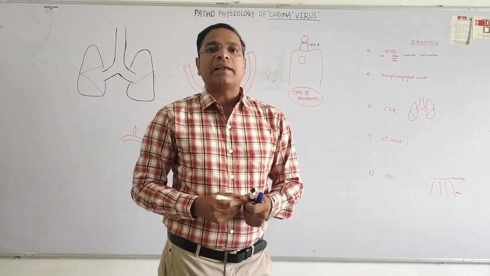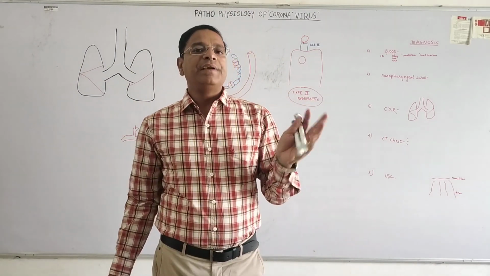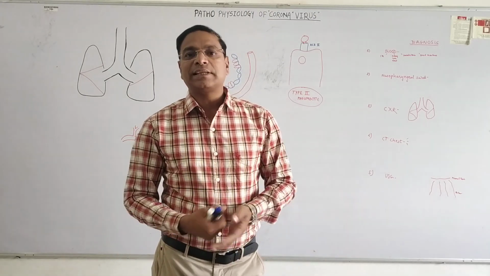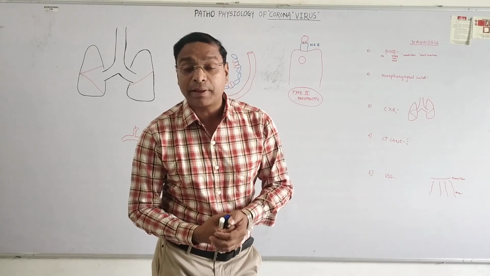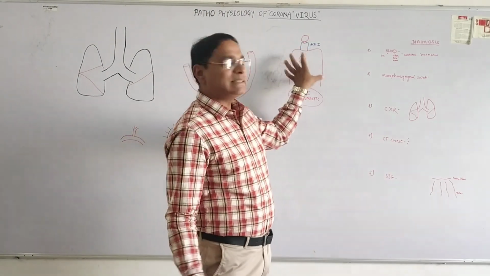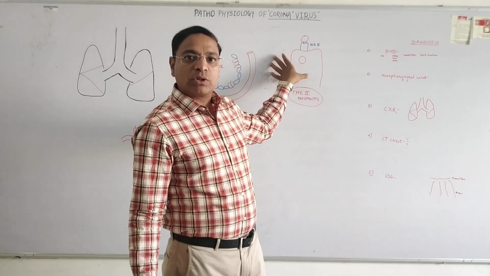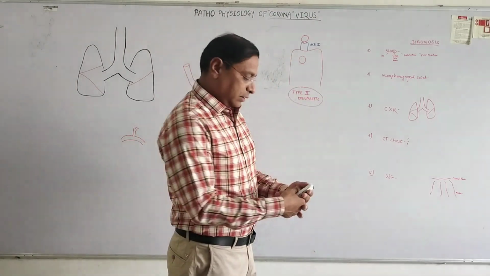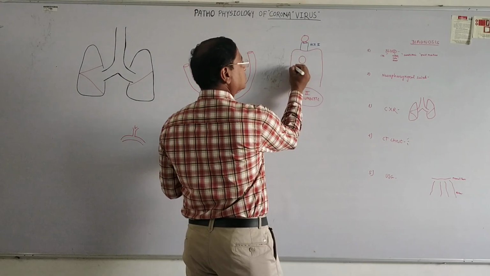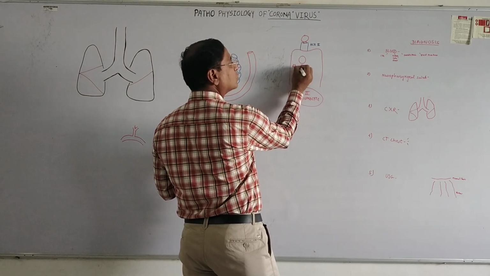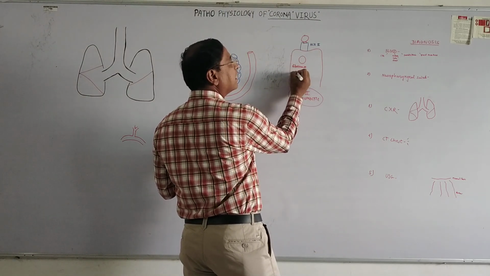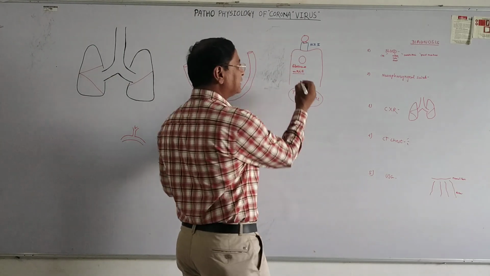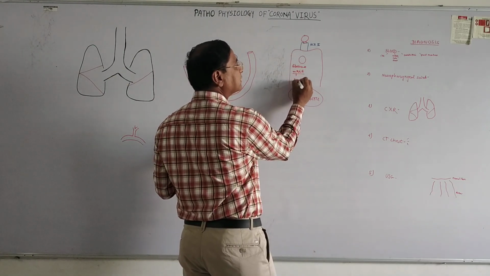Viruses are very notorious for using host cell machinery. They are obligate parasites, as you know. Once they enter the type 2 pneumocyte, they hijack the ribosomes and use the mRNA of this cell, and they start producing many proteins.